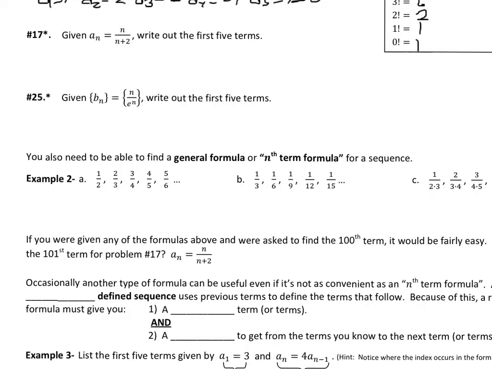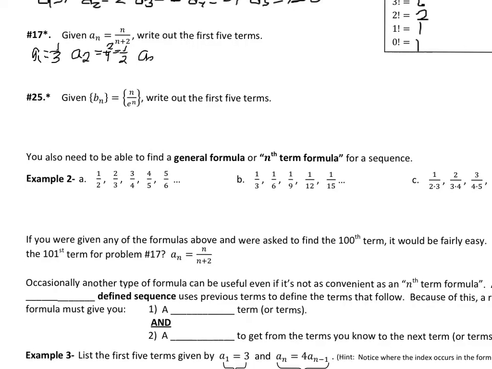A little more complicated but still doable. So number 17 here, I want the first 5 terms again. So A sub 1 is 1 over 1 plus 2, or 1/3. A sub 2 is 2 over 2 plus 2, or 2 over 4, which is 1/2.